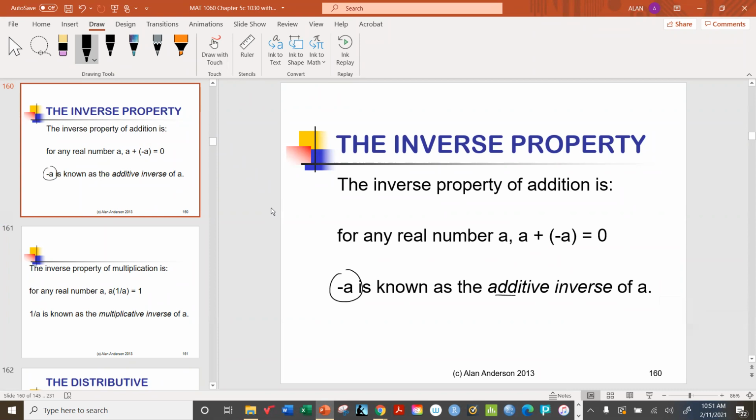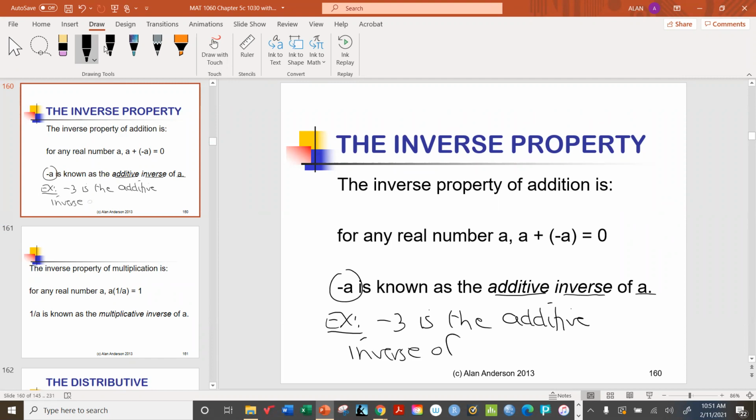It's called the additive inverse of A. So for example, -3 is the additive inverse of +3, because their sum gives me back the identity element of 0.